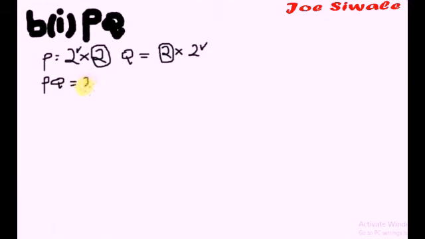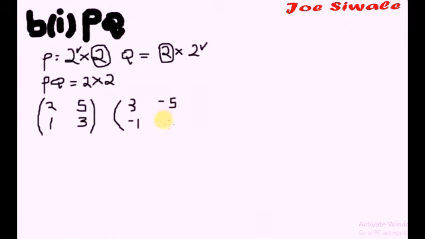Then I'll write down matrix P, which is 2, 5, 1, 3, then matrix Q, which is 3, −1, −5, 2.